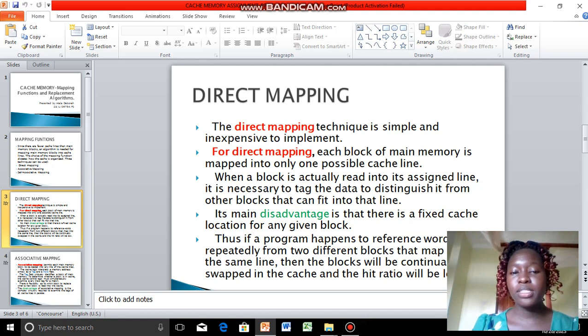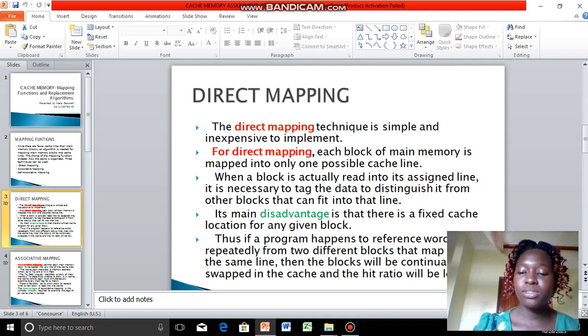The direct mapping technique is simple and inexpensive to implement. For direct mapping, each block of main memory is mapped into only one possible cache line. When a block is read into its assigned line, it is necessary to tag that data to distinguish it from other blocks that can fit into that line.